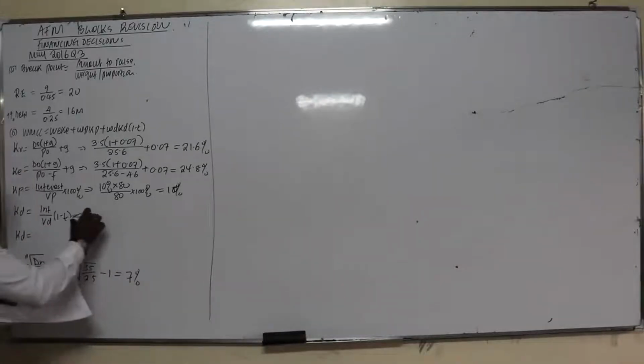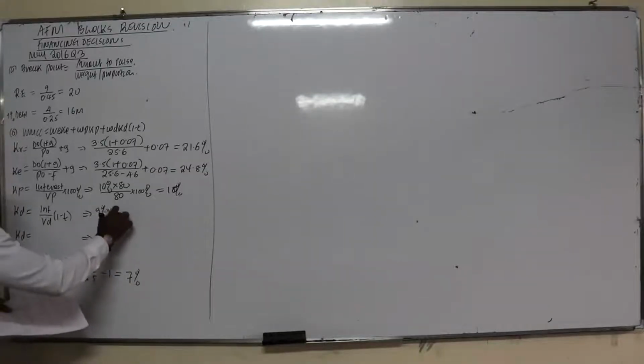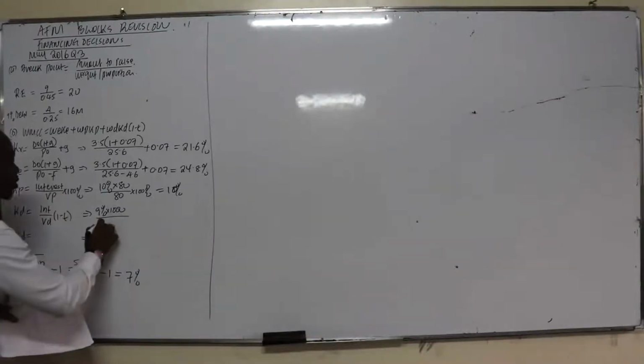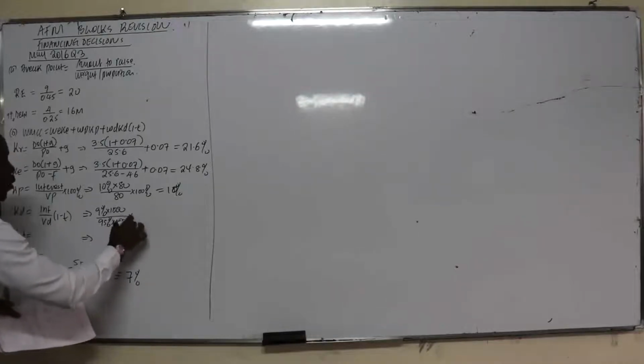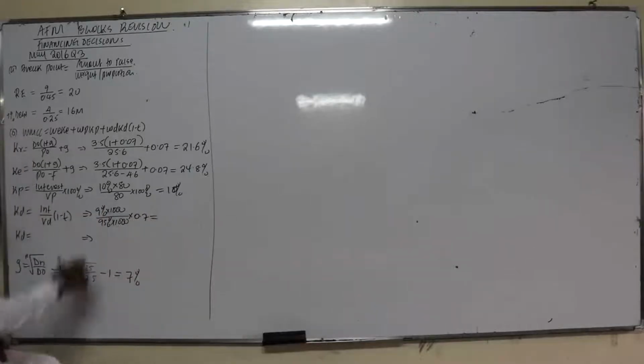We are told it's 9%, and interest is based on the par value, which is 1,000. You divide by the value of the debt, which could only be issued at 95% of the par value, 1,000. Times 1 minus t, 0.7. You do 90 divided by 950 times 0.7.